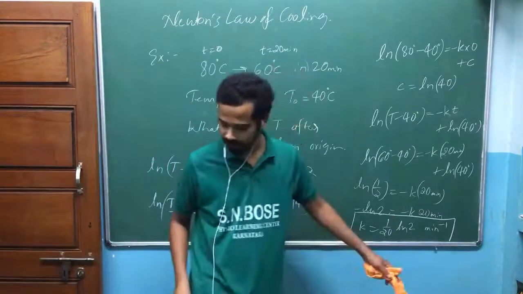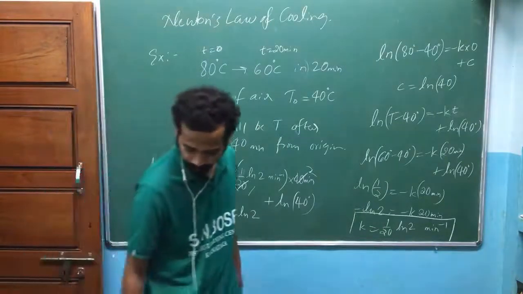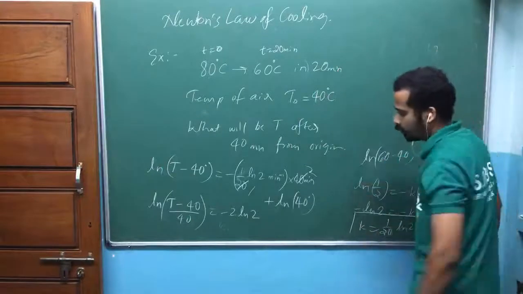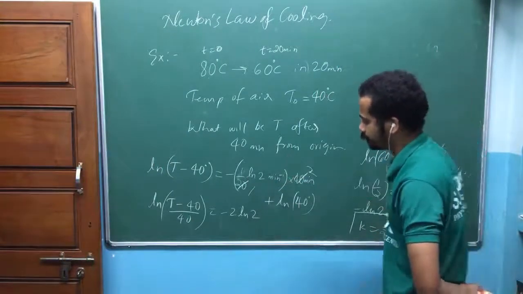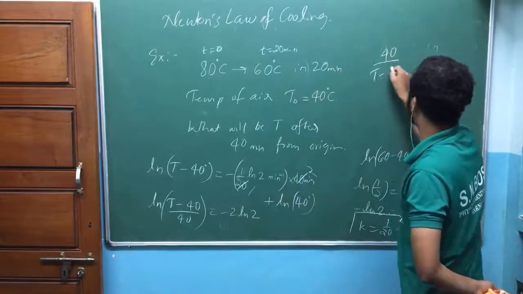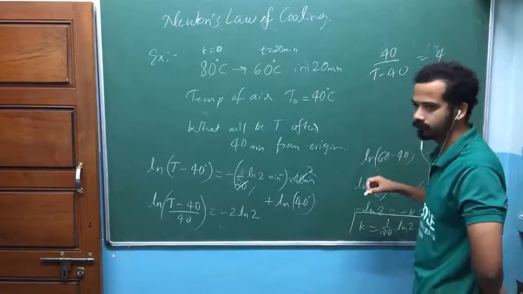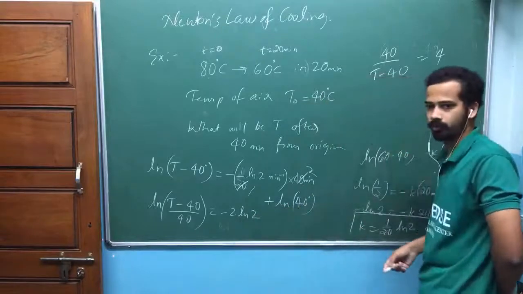I think this became a little lengthy. He might have some other way of solving this. Just see that one. Now can I invert that? I can write 40 divided by (T minus 40) is equal to 2 raised to 2, which is 4.